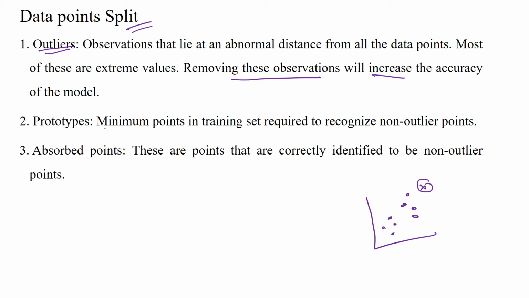For the prototypes, a minimum number of data points in the training set is required to recognize the outlier data points. These points are correctly identified as non-outlier data points. Outlier and non-outlier data points are called observed data points.